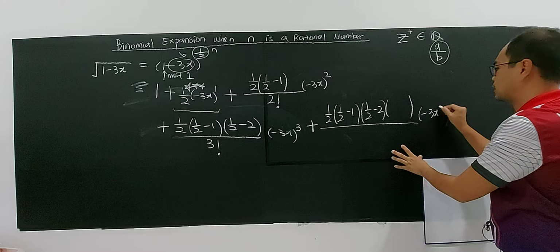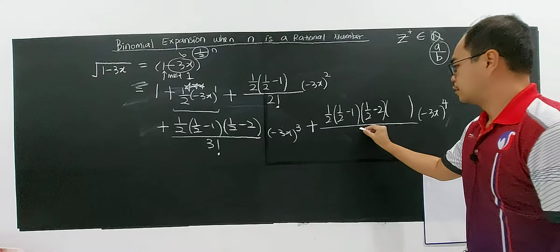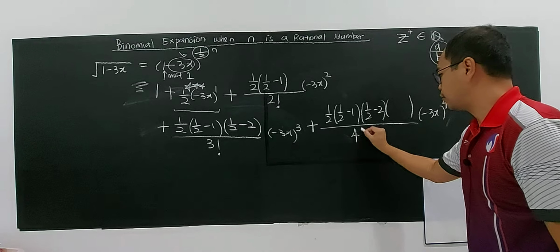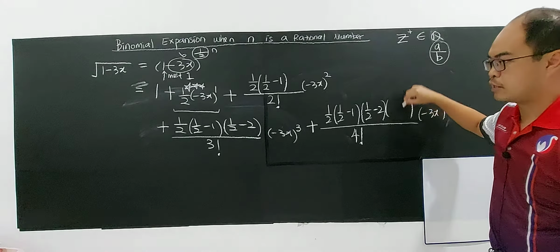Negative 3x. Now from 3 becomes 4. And because of 4 here, you divide by 4 factorial. You try to guess what is the value that I'm going to put. You see that minus 1, minus 1, minus 2. So minus 1, minus 2. This one will become, of course, minus 3.